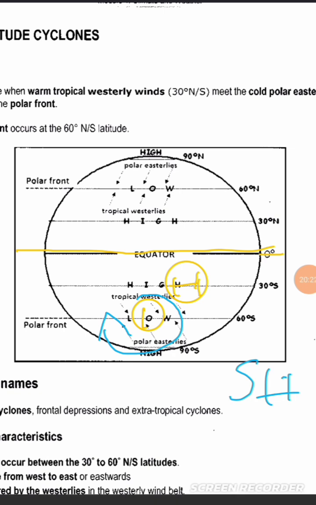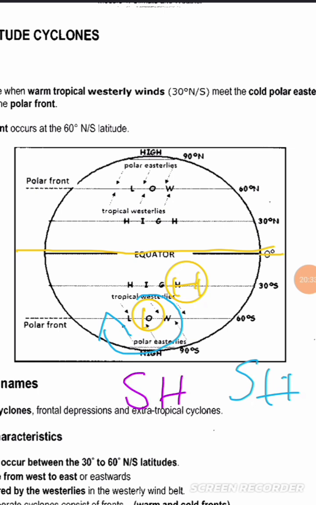And then air around a high pressure cell in the southern hemisphere will move in an anti-clockwise direction.